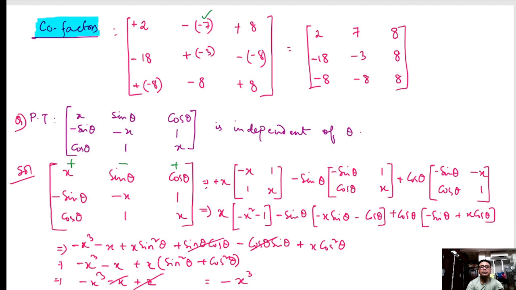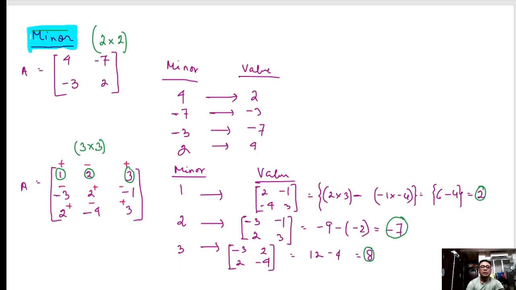So let me show it again once more, please. You have to watch them very carefully. Okay, so now we have to choose the minors of -3, 2 and -1.